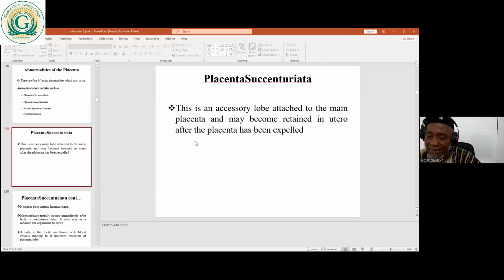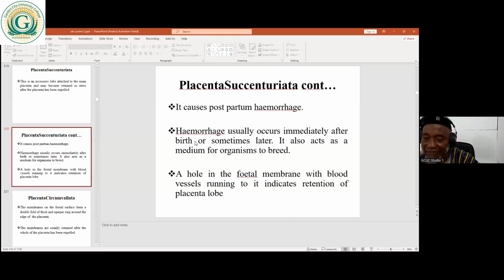Because that small one is not supported well, it can be dislodged and remain in the mother, and the mother can bleed from it. It causes postpartum hemorrhage, usually occurring immediately after birth. When you remove the main placenta and this small one is still there, it will act as though the baby hasn't finished coming.